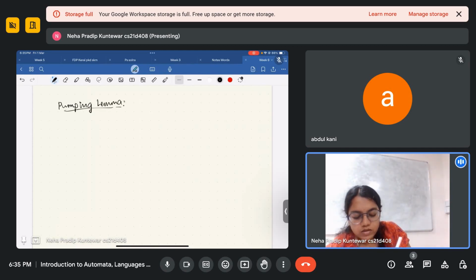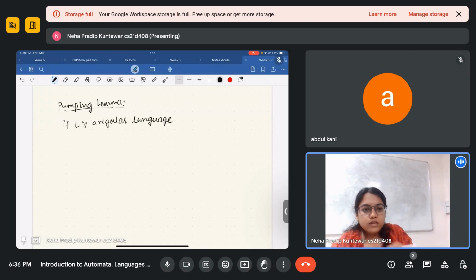Pumping lemma is a property of regular languages, which says that if L is a regular language, then there is some string x which can be written as u concatenated with w.